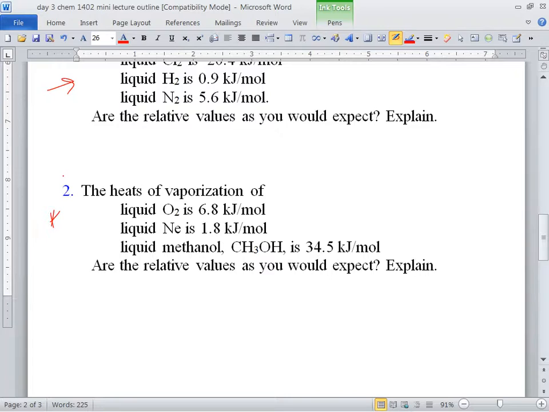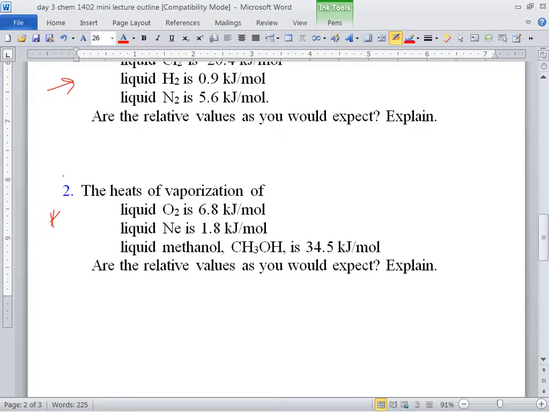So this one, weight works if the only type of intermolecular force is Van der Waals. But that's not thrown out the window. You can use it for two of these guys because that's the only type of force that's occurring. Which two? The two on top, exactly. So you use the weight story to answer those two. But that's not going to be enough to say why this guy is so high. Anybody help him?